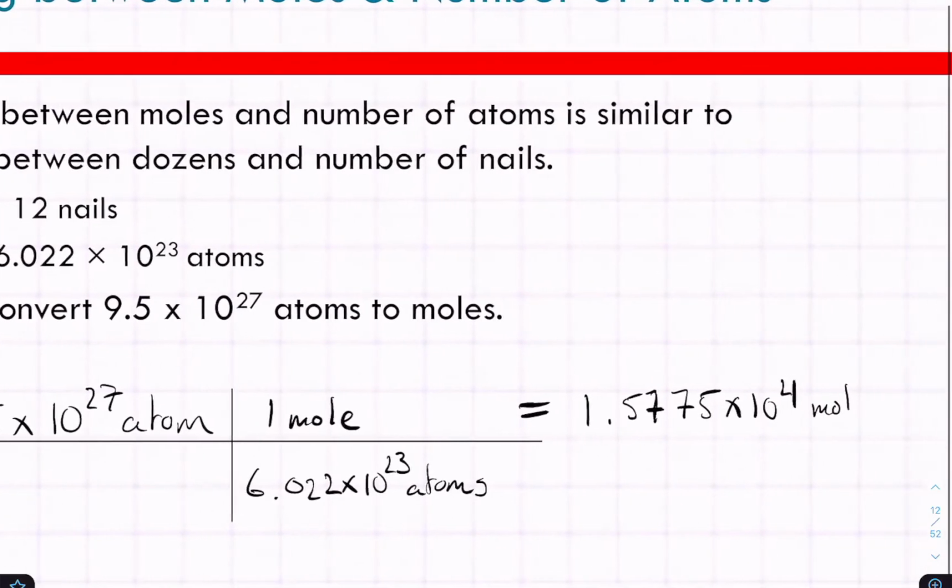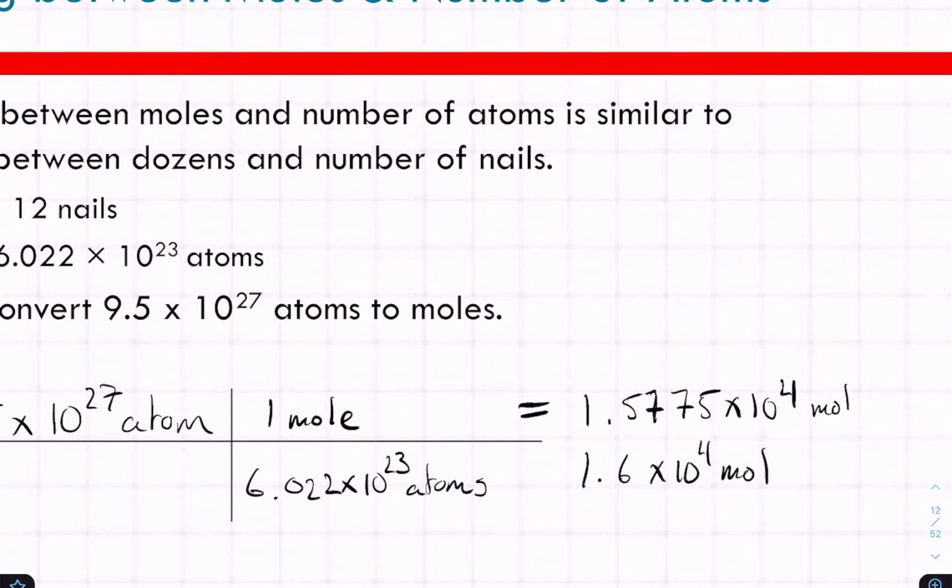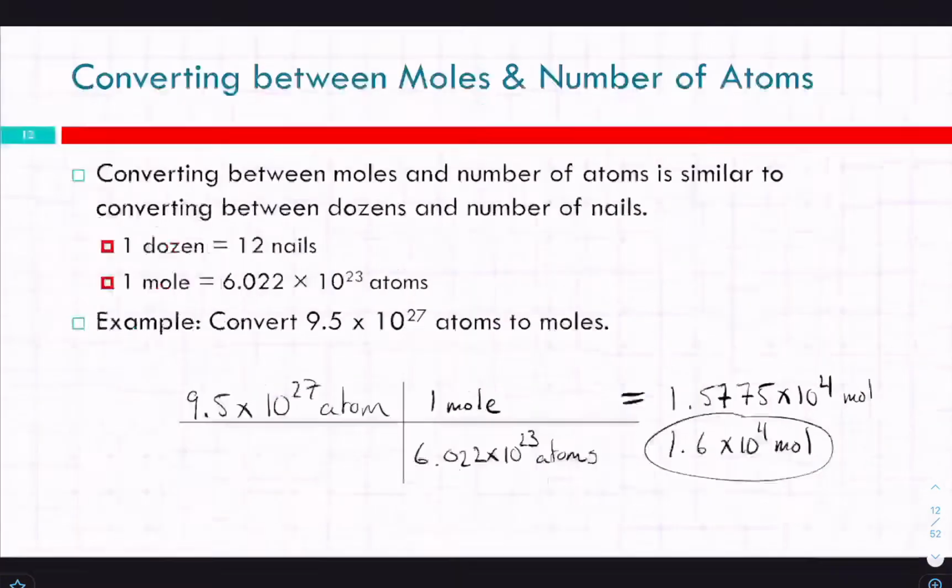So accounting for significant figures, here we'd only have 2, so 1.6 times 10 to the 4 moles. So again, this is why I hammered so hard on unit conversions up front. This works exactly the same as those did, so if you have to go back and review unit conversions, definitely go back and do that.